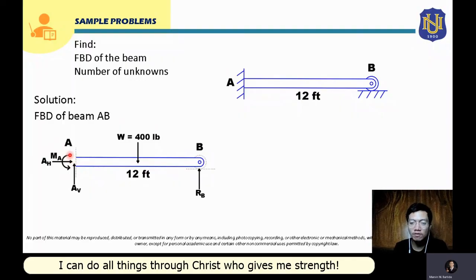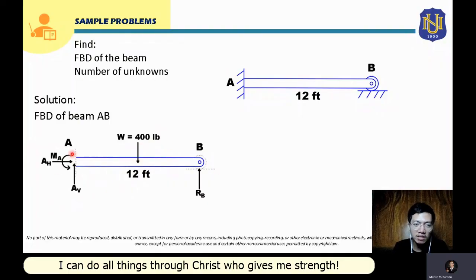The assumption of the moment here is counterclockwise. But actually, we can assume the rotation of this reaction moment depending on the load. Since the load here is 400 pound, it will produce a clockwise rotation about point A for this beam.